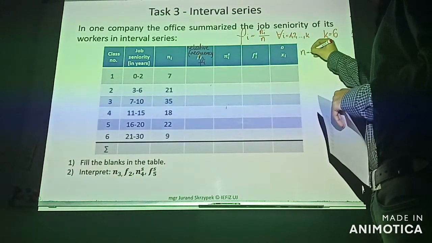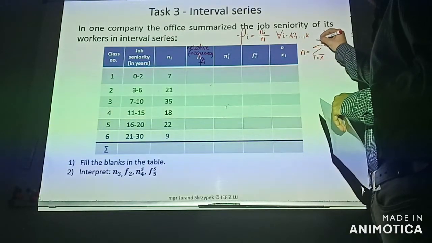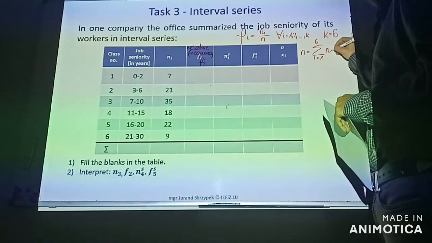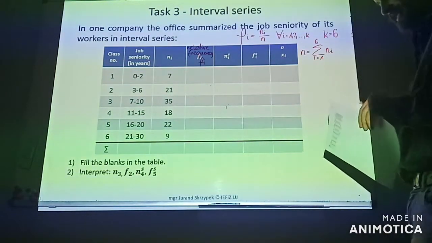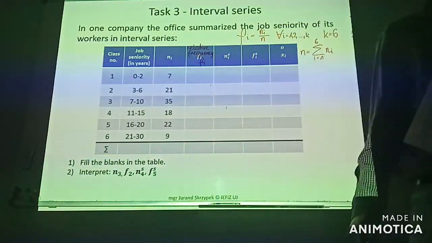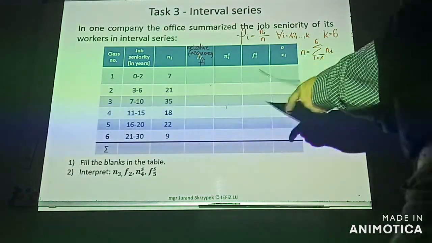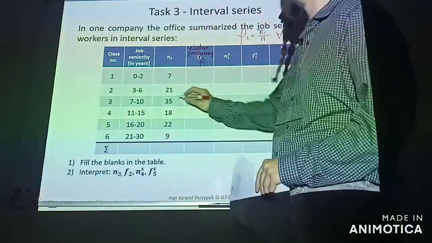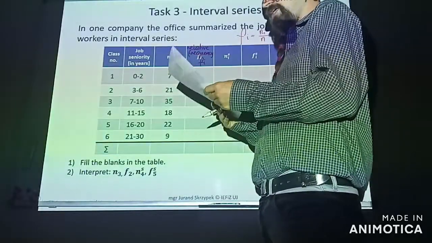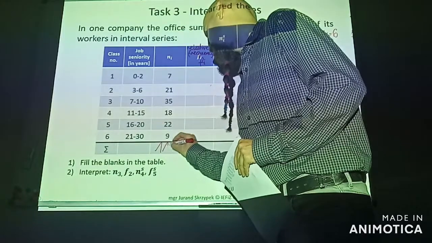The population size is the sum from i equal 1 up to 6 of Ni. So we have to sum up that column in order to achieve the population size. So 7 plus 21 plus 35 plus 18 is 112.